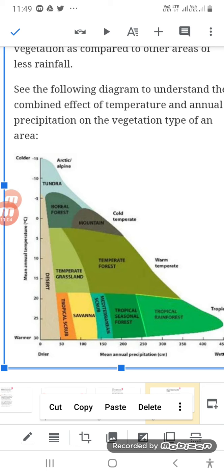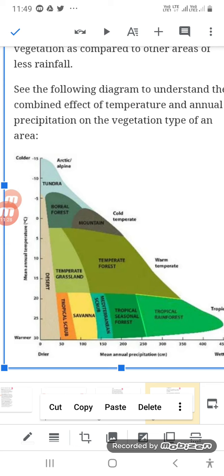When the mean annual precipitation is 80 centimeters to 150 centimeters and the mean annual temperature is 30 degrees Celsius to 18 degrees Celsius in a decreasing trend, you have savanna there.